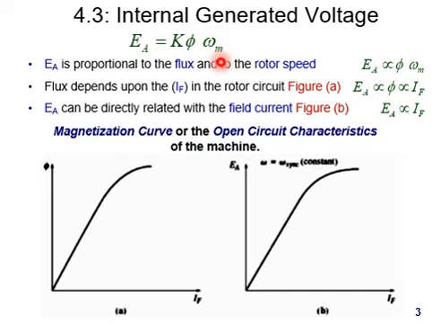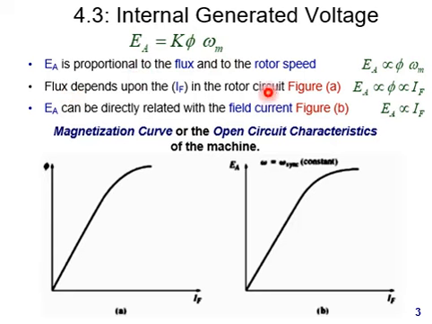In this formula we can see that E of A is proportional to the flux and the rotor speed. This is the mechanical speed of the rotor, and this is flux. So E of A is directly proportional to flux and omega m.